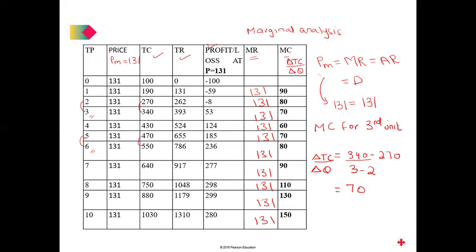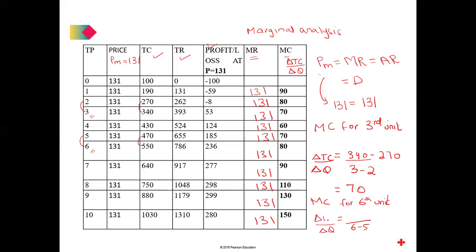When I increase my production from 5 to 6 units, the change in quantity will be 6 minus 5, which is 1.